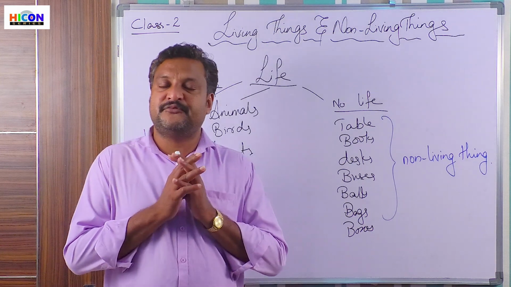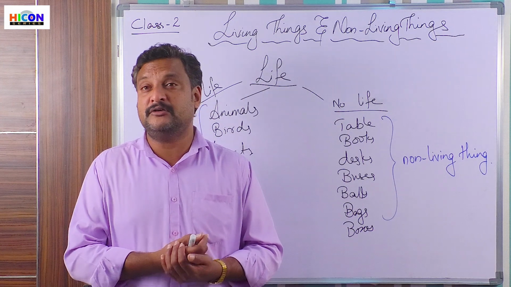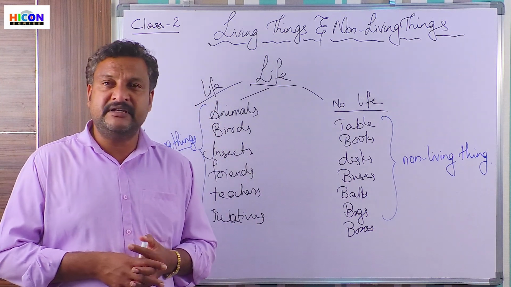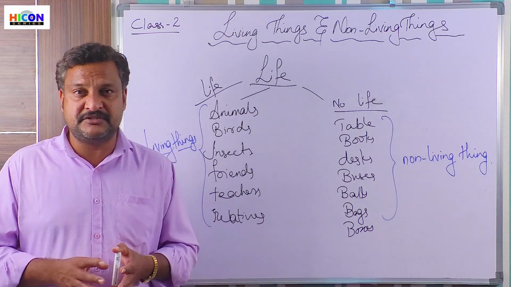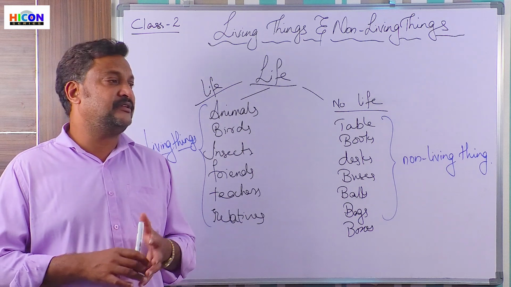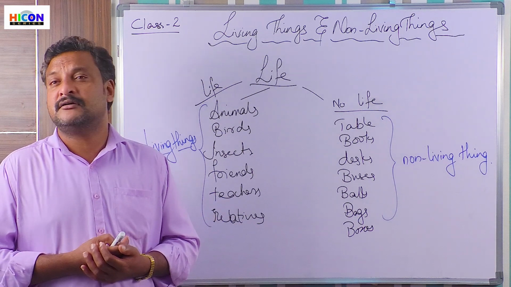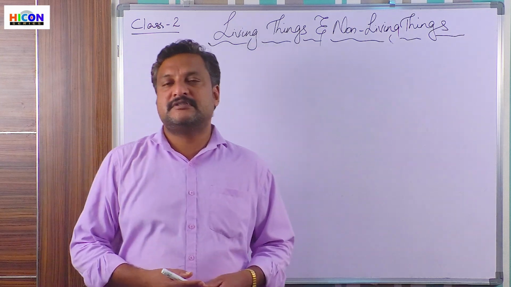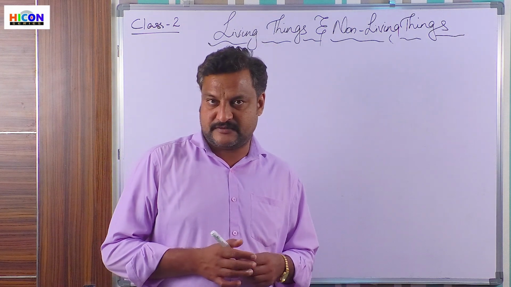There are some features which are common for all living things. So living things have some specific features, and based on that, we can identify whether the things that we have are living or non-living, right? So what are the features of living things?